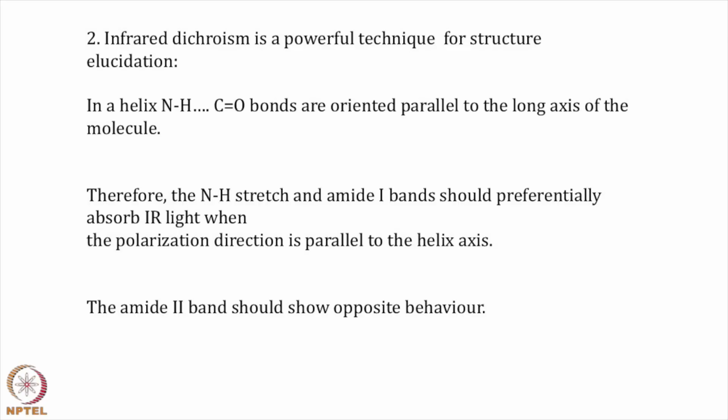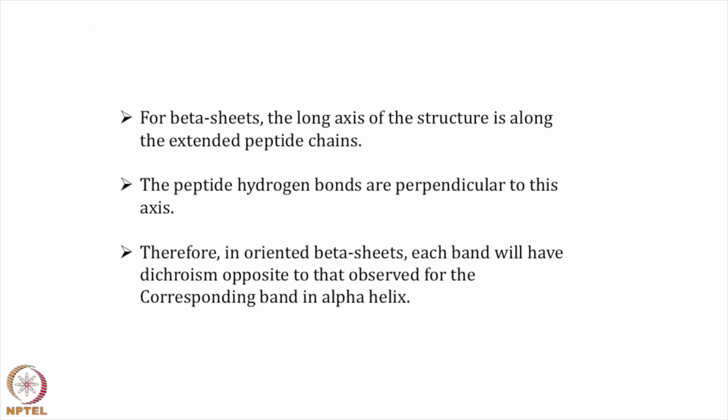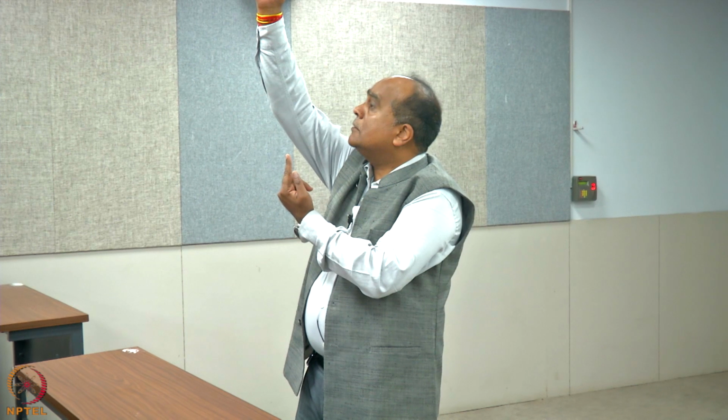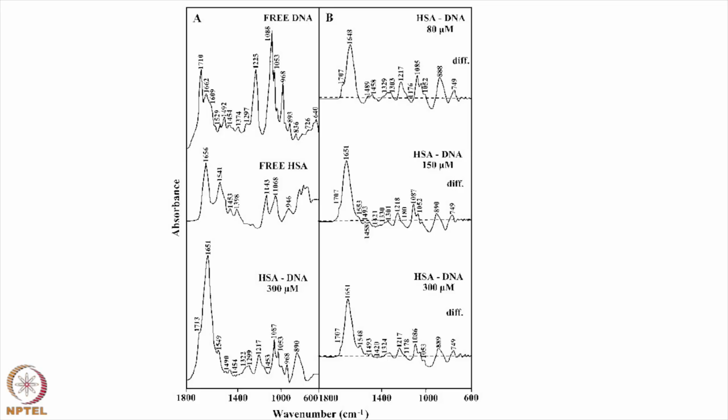Therefore NH stretch and amide 1 preferentially absorb IR, and amide 2 shows opposite behavior. For beta sheet, the long axis of the structure is along the extended peptide bond, and peptide hydrogen bonds are perpendicular to that axis. Here is my long axis in beta sheet, and the hydrogen bond is perpendicular to this. In a helix, the helix is like this, the hydrogen bond is like this, it is parallel, right. So that is the difference that you have.